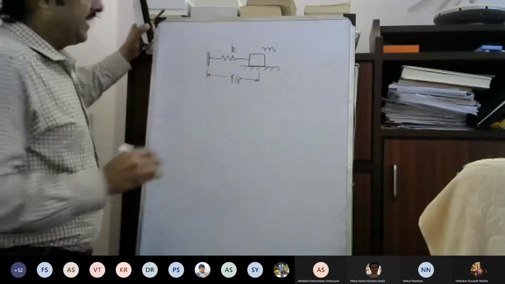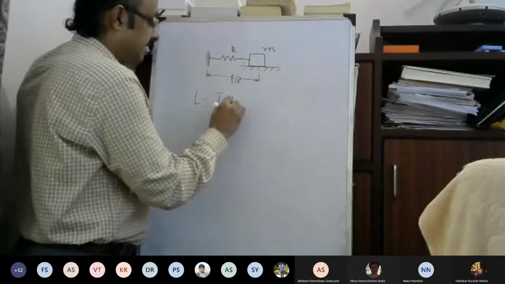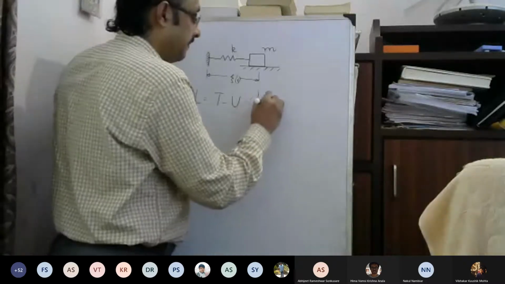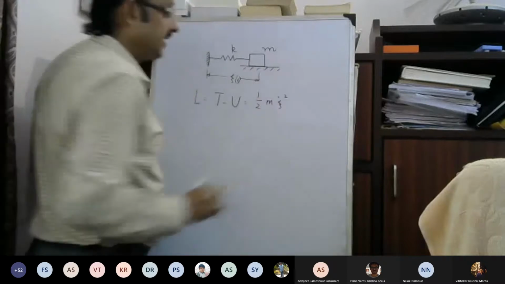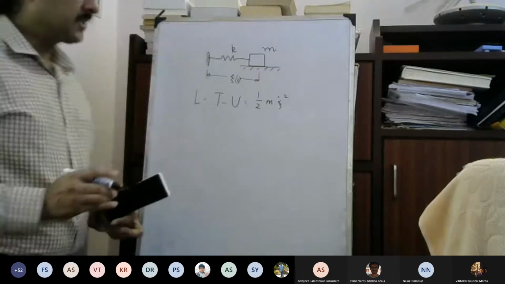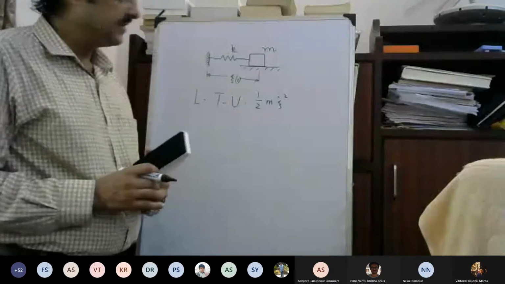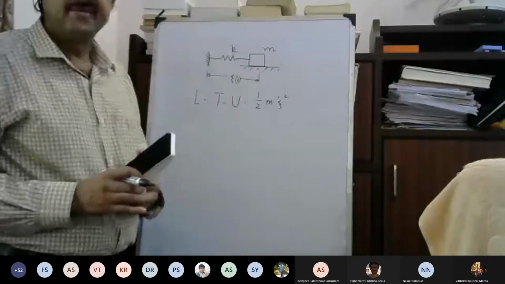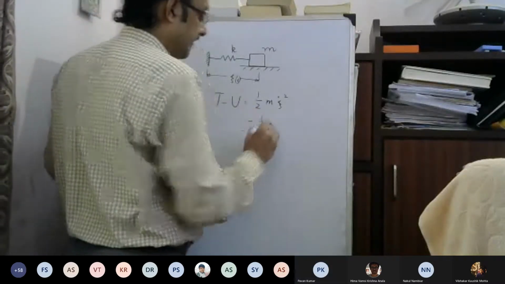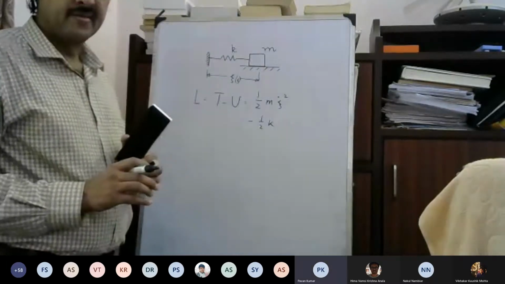So if I write down the Lagrangian of this, it is the kinetic energy minus potential energy. Kinetic energy will be equal to half m zeta dot square. And what will be the potential energy? Half k zeta square?